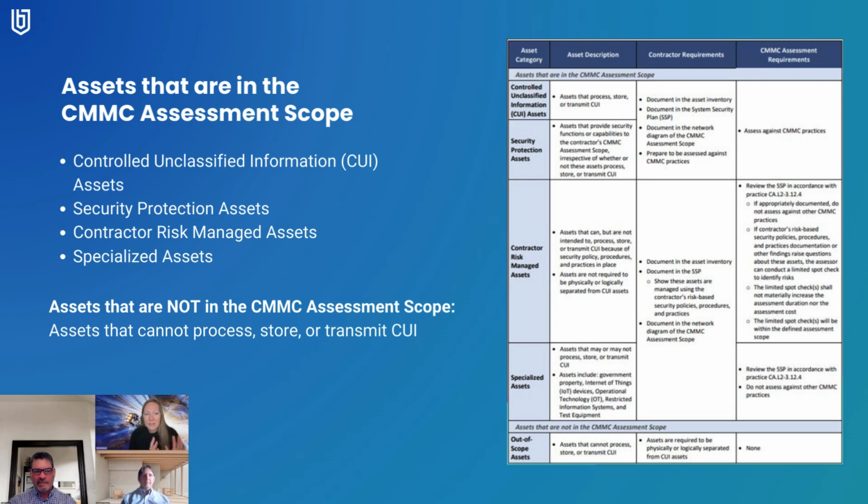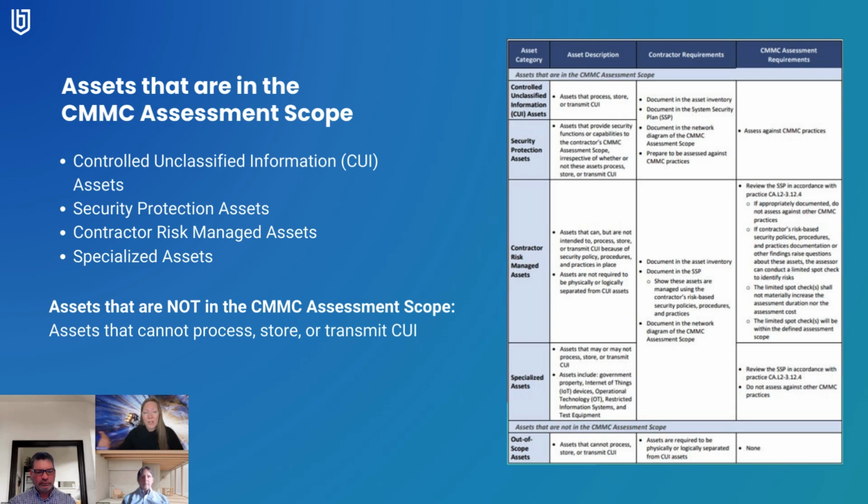So in the scoping guide, it gives us a great table describing the different kinds of assets. While we are going to talk more about the scope of those assets, like what kinds of things you need to think about, it classifies for you what those assets are. Once you figure out all your assets, what are they? Are they a CUI asset? Do they process, store, or transmit CUI? A security protection asset, a contractor risk managed asset, or a specialized asset? Or, like we talked about, are they completely out of scope?